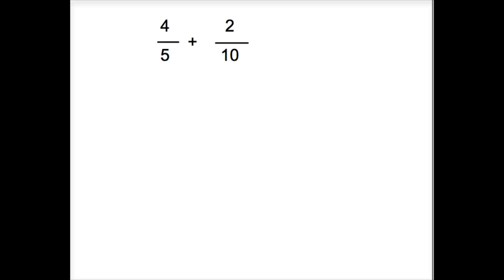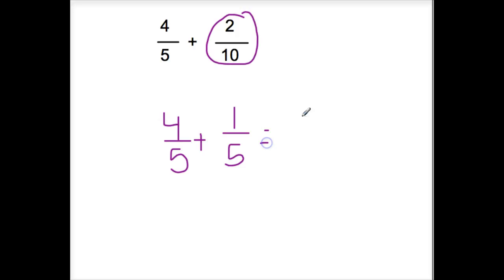Looking at the same problem, 4/5 plus 2/10, some of you, after seeing that we made our lowest common denominator 10, are probably thinking, wow, another strategy for a problem like this would be, let's simplify 2/10, and then I have 4/5 plus, if we simplify 2/10, we get 1/5, which equals 5 fifths, which equals 1.